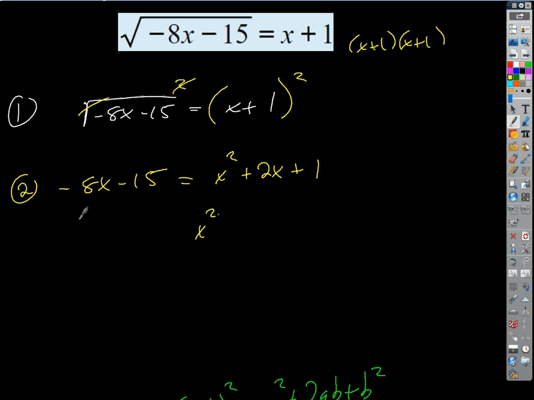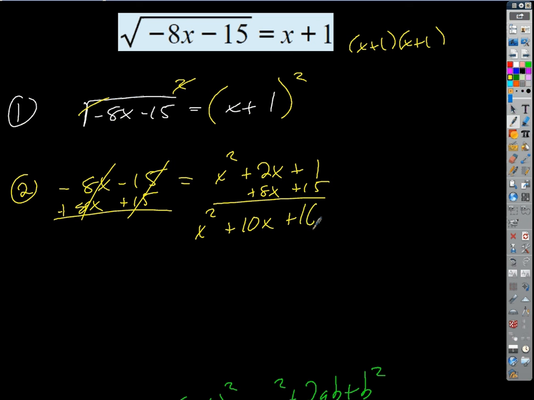If I add 8x to both sides, and I add 15, I'm going to get plus 10x plus 16, and it's all equal to 0. Let's just move it to the right.